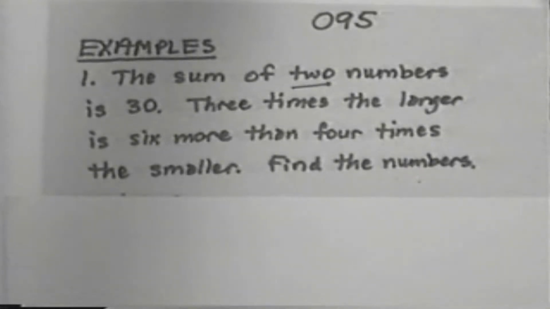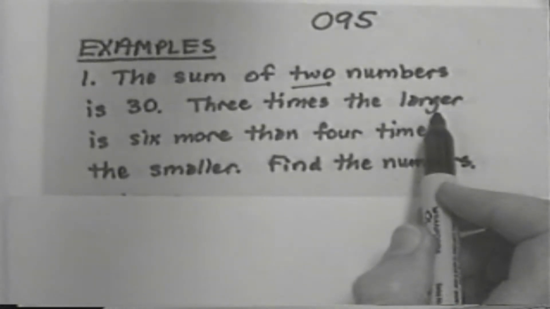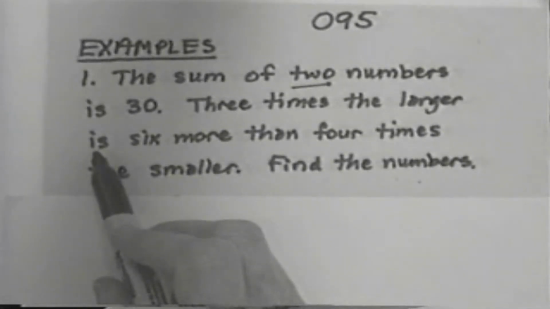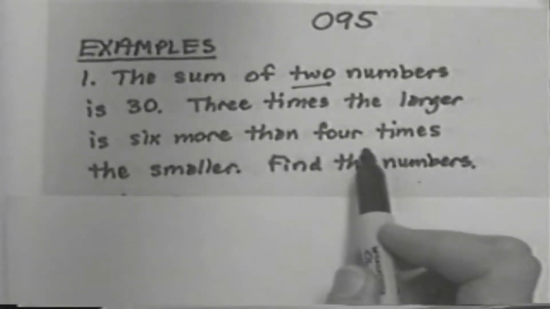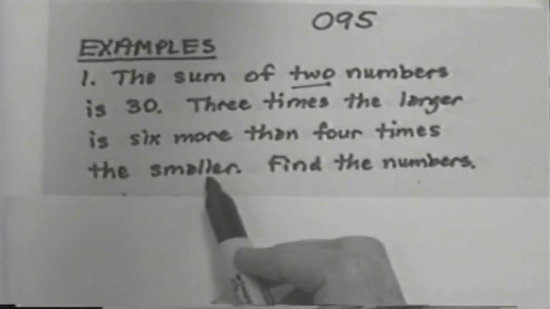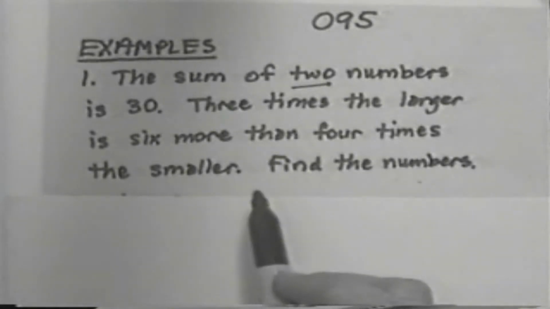The other thing is a more complicated sentence. 3 times the larger is, you recognize is as a key word for equals. 3 times the larger equals 6 more than 4 times the smaller. This gives us a second sentence about the two numbers. We then have two sentences involving the two numbers.